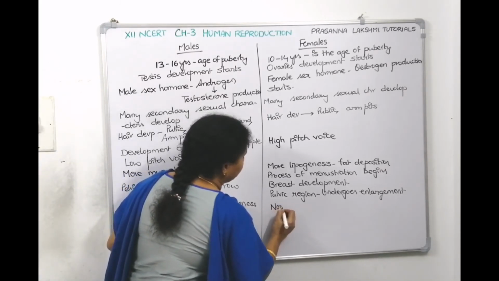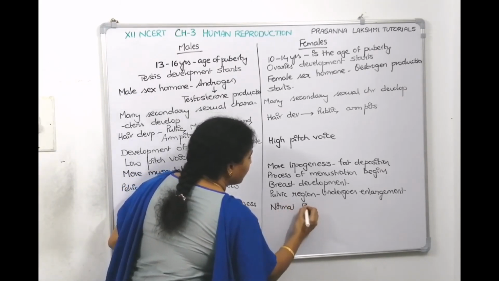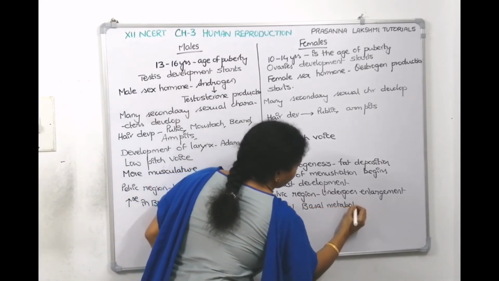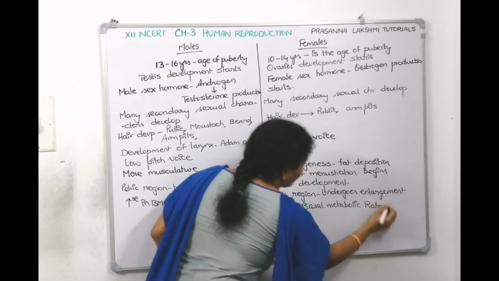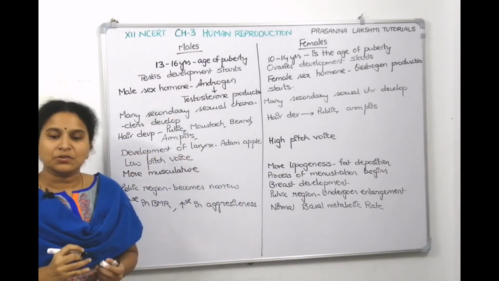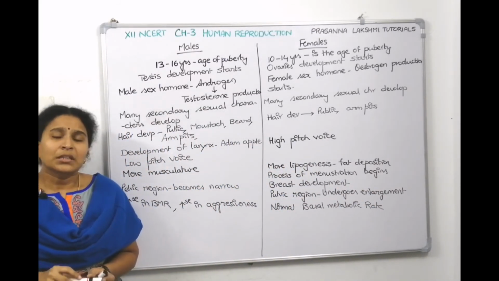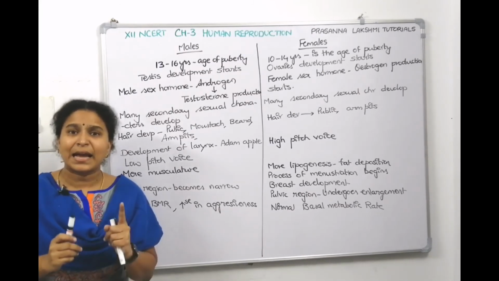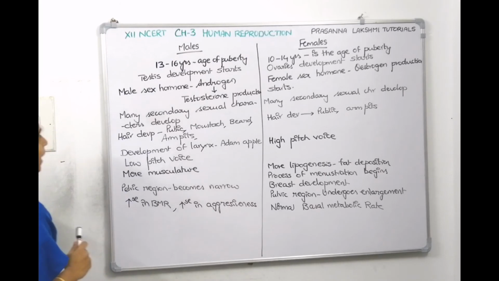It is a normal BMR. Normal basal metabolic rate will be there and aggressiveness will not be there, right? So these are certain developmental changes we can see in boys and girls at the age of puberty, which we call adolescence.